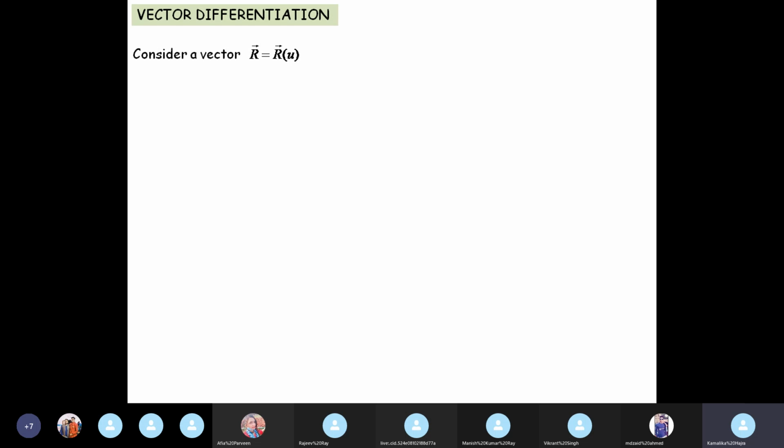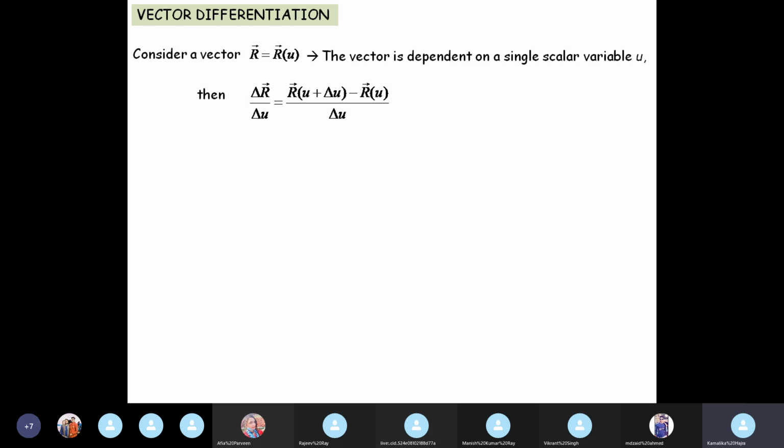This parameter can be the space coordinates, it can be time, etc. Okay. So here we see that the vector is dependent on a single scalar variable u, and then the definition of differentiation of a vector or derivative of the vector with respect to that parameter u is pretty much like what you studied in your class 2 in calculus about ordinary scalar variables.